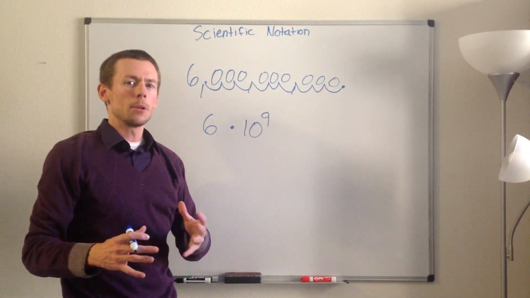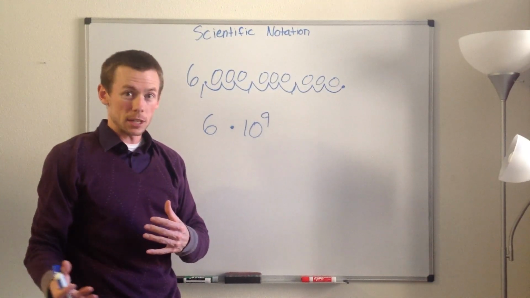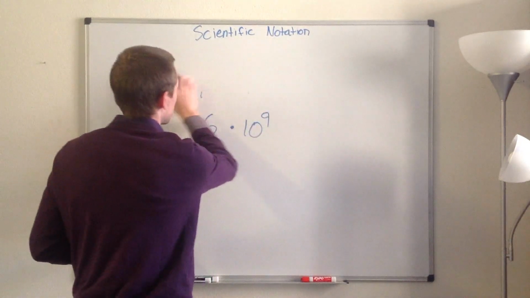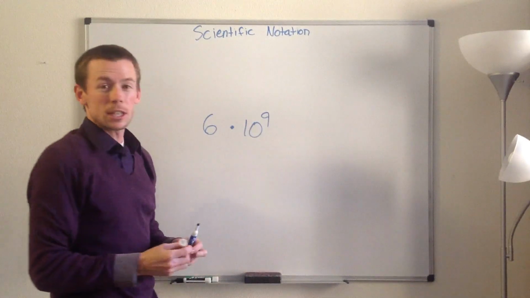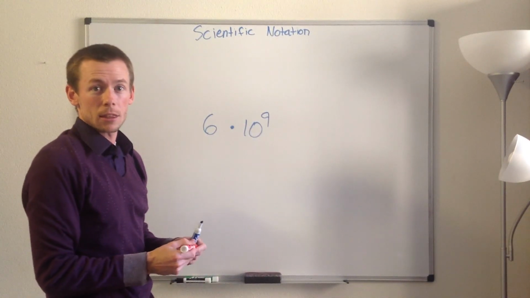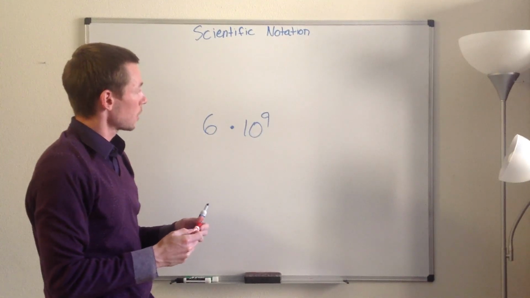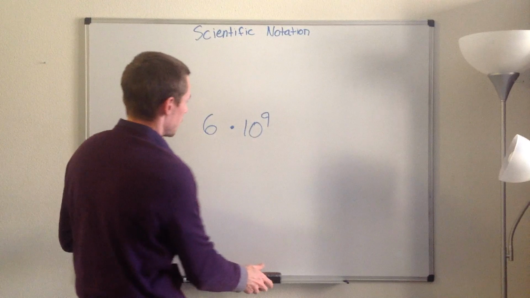So now let's do a couple of examples of multiplying numbers in scientific notation. I'm just going to continue with this 6 times 10 to the 9th. And, well, actually on second thought, I will return to this and I'll start off with something slightly easier.